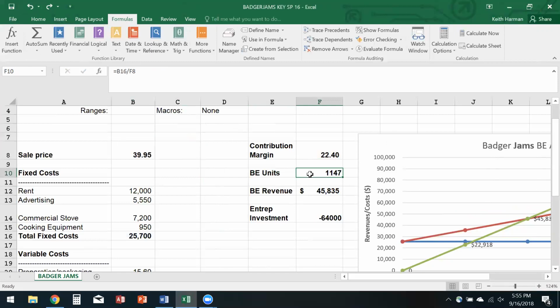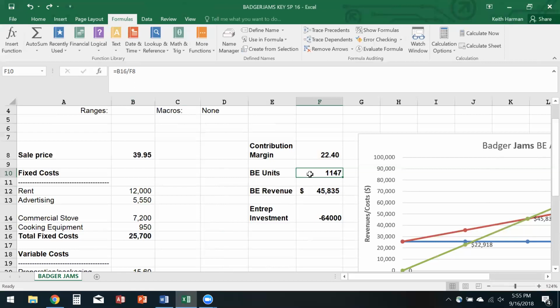B16. And you'll find sometimes your issue is total fixed costs, and that's going to be divided by the sale price. Pardon me, it's not the sales price; it's the contribution margin, that's F8.